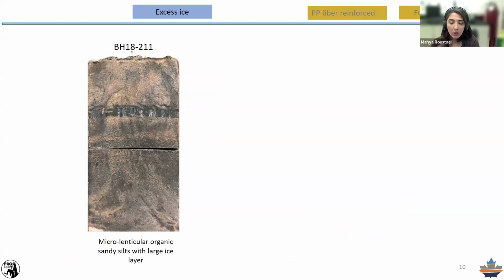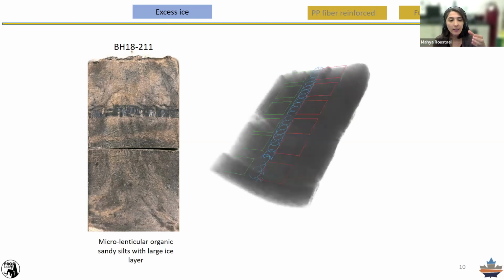So basically what we did, we split the cores into 2 parts, and we scanned one of them and we destroyed the other half. After scanning the half core, we did the image processing through all these blue cylinders that you can see in this image, which were our regions of interest, or ROIs, and we grabbed all the parameters that we are looking for from these ROIs.